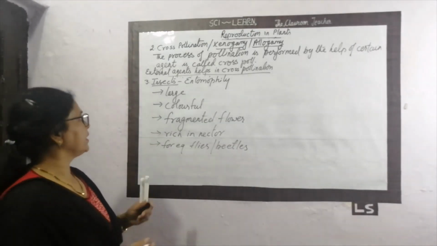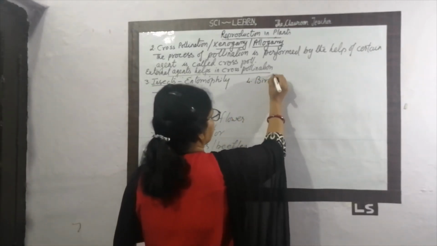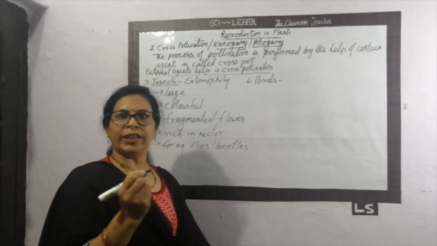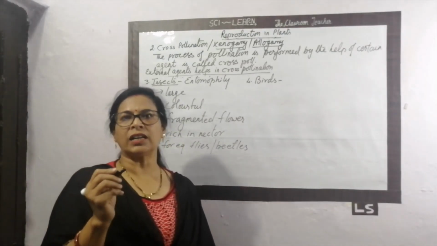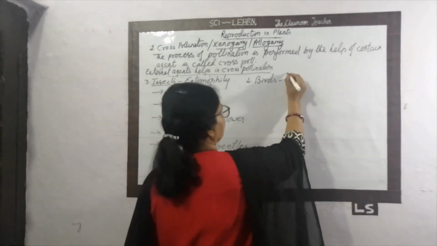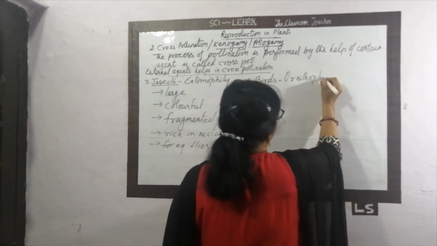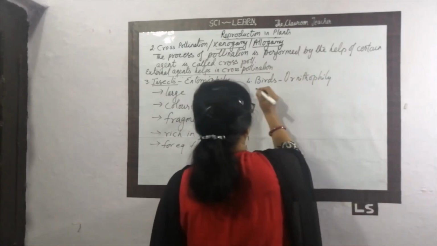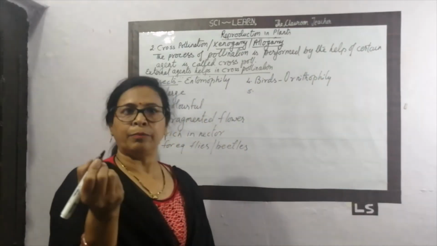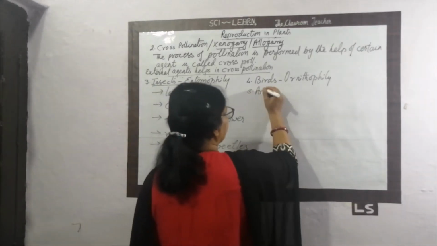But some other pollinating agents are also there. For example, birds. Birds also act as a pollinating agent. The pollination occurs with the help of birds. It's called ornithophily. Okay. Some more pollinating agents are there, such as the grazing animals.